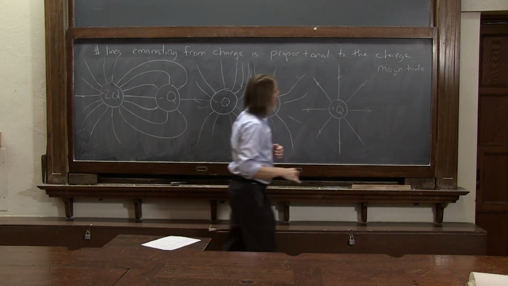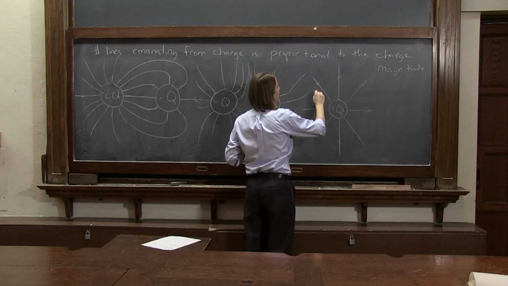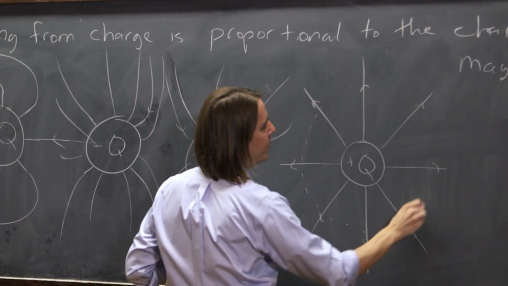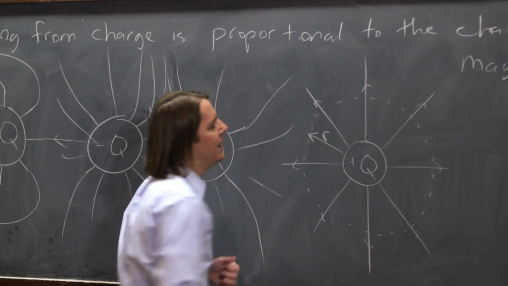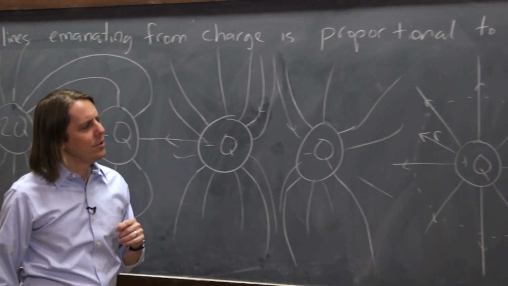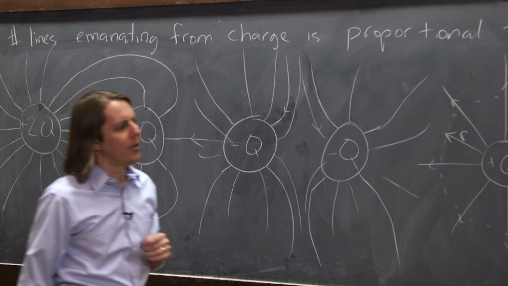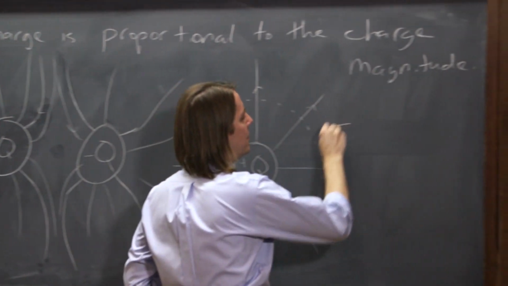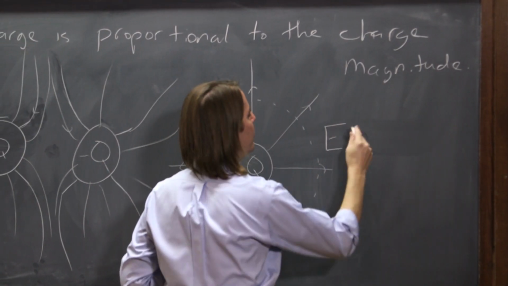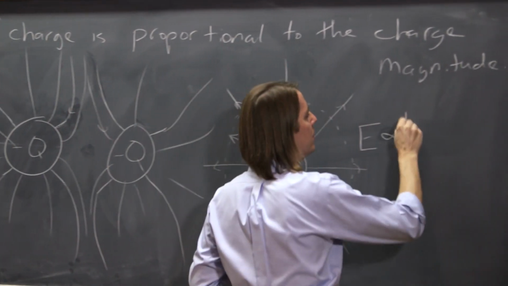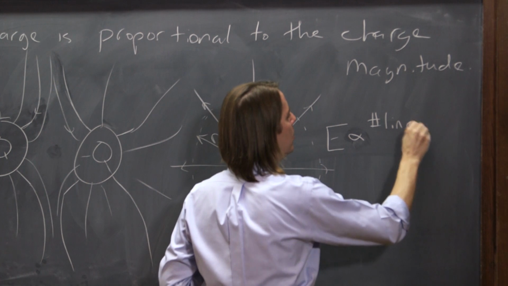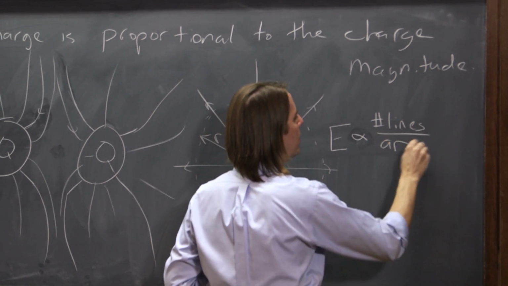We could ask ourselves, what is the electric field at some radius out r, in some sphere? Because we kind of said that the field goes as the number of lines per unit area, right? So E is proportional to, we're not writing an equation, just proportional to the number of lines per area.